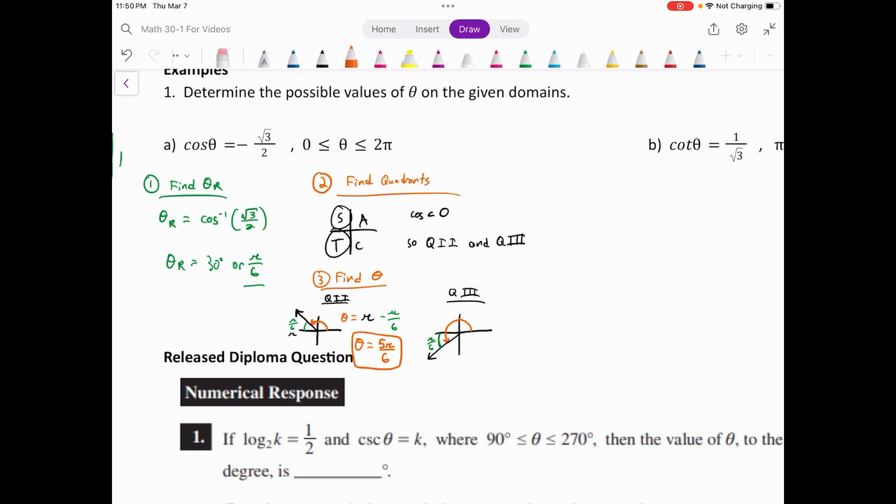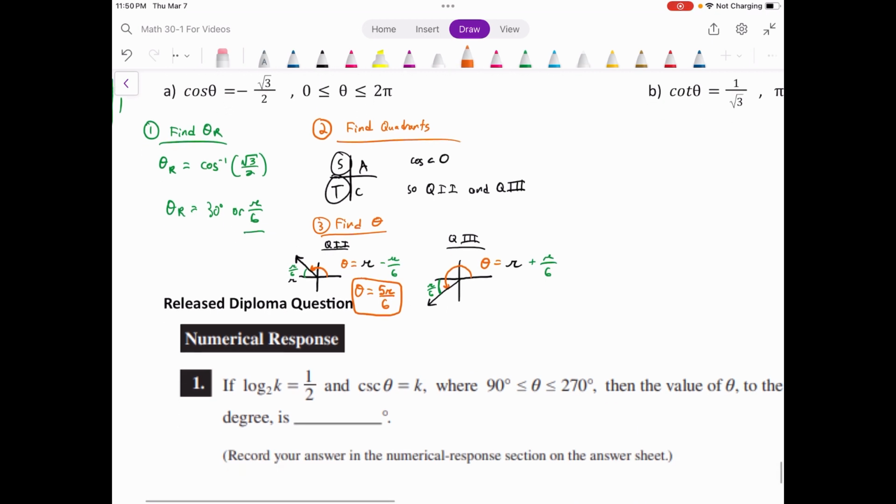So what is our theta? Well, now we went past pi by pi over 6, right? So we're going to take pi and add an extra 1/6 of pi. So 6/6 of pi plus another 1/6 gives us 7/6 of pi.